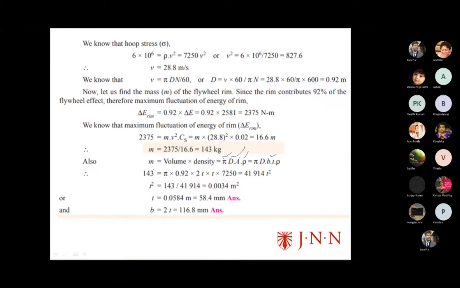Now substitute the mass value 143 equals pi into d value 0.92, pi d into 0.2, and the b value is twice the thickness, as given in the question itself. So 2t into one more t into density value 27250, totally 41,914 t square. Simplify that, t equal to 0.0584 meter.